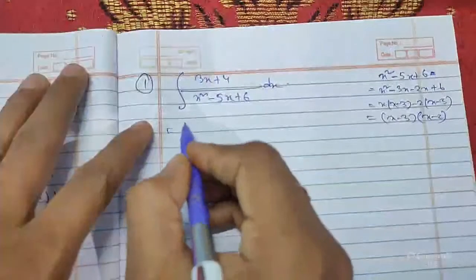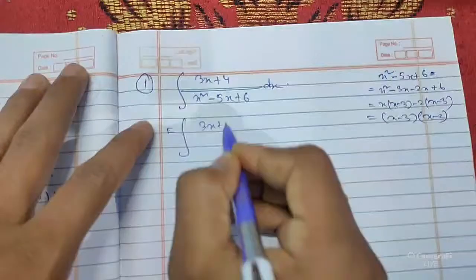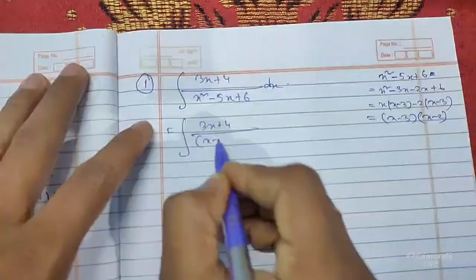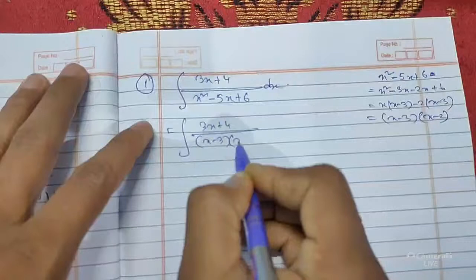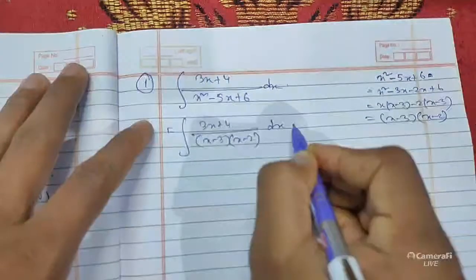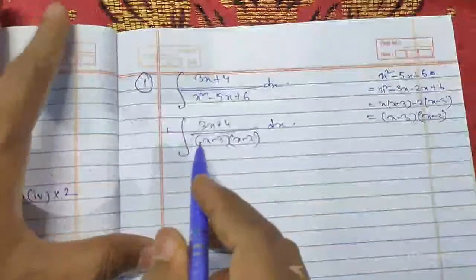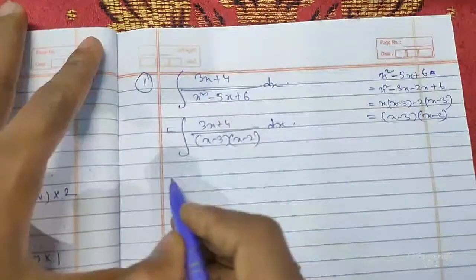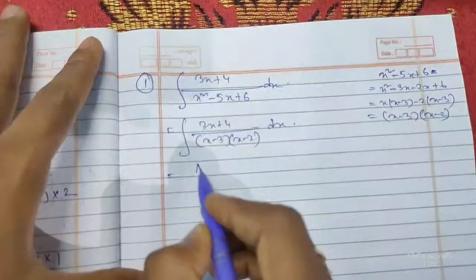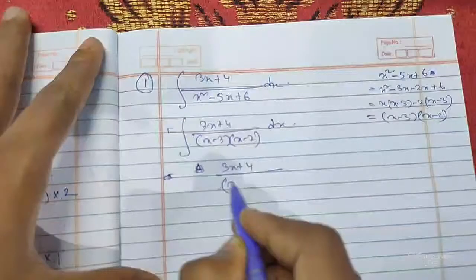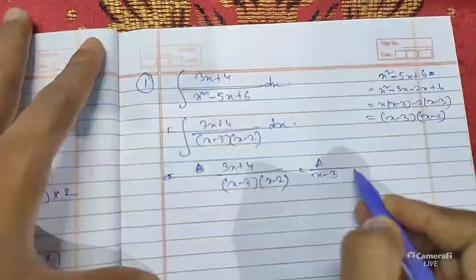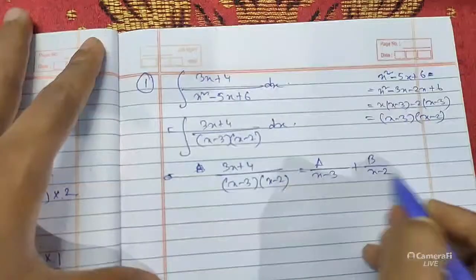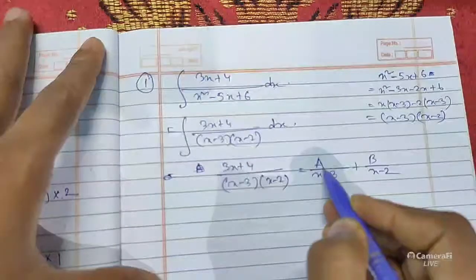So this one we can write as x minus 3 into x minus 2. Whenever we can factorize into non-repeating factors, we write a by x minus 3 plus b by x minus 2. And then we find a and b.